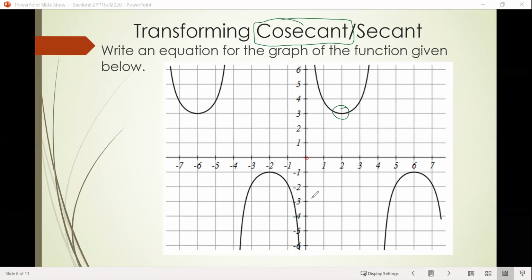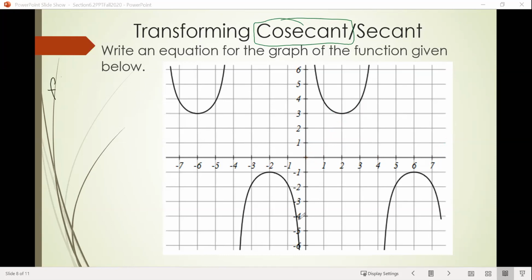And also we could start here at 0, 0 and draw a sine function that would follow the pattern of that graph. Okay. So we know this is going to be cosecant, so we'll use that general form I was just talking about for cosecant.